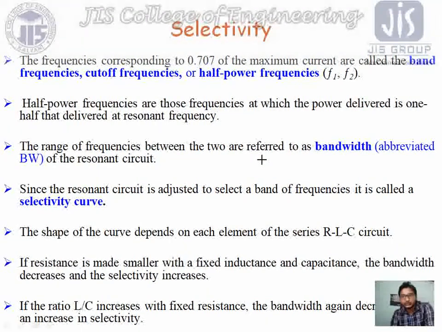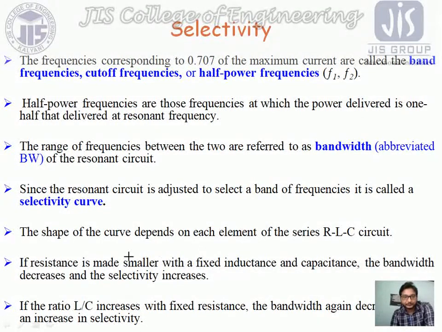B equals omega 2 minus omega 1, and since the resonance circuit is adjusted to select a band of frequency, it is called the selectivity curve. As there are different bands, we can find different selectivity. It means if we change this bandwidth, we can change the selectivity of the circuit.